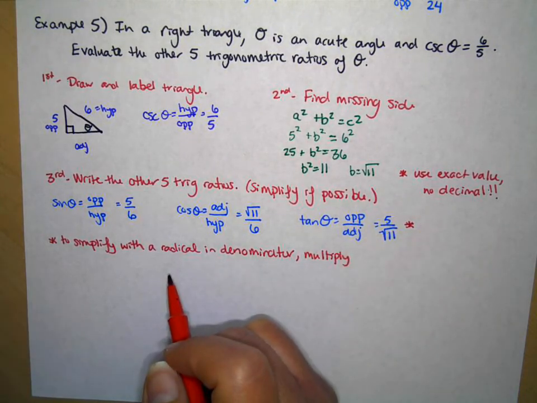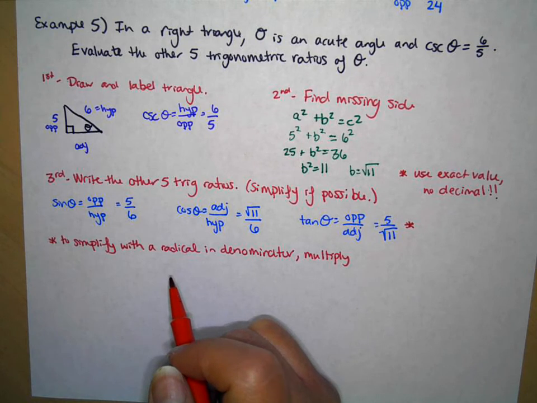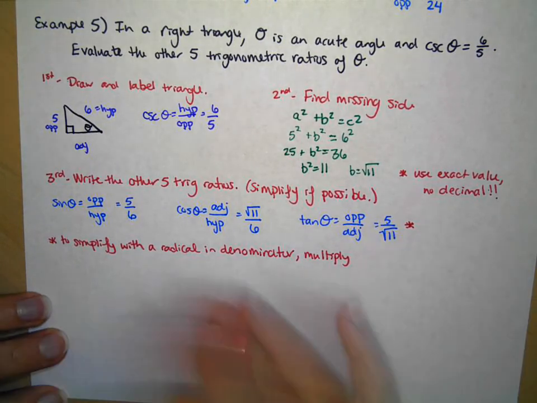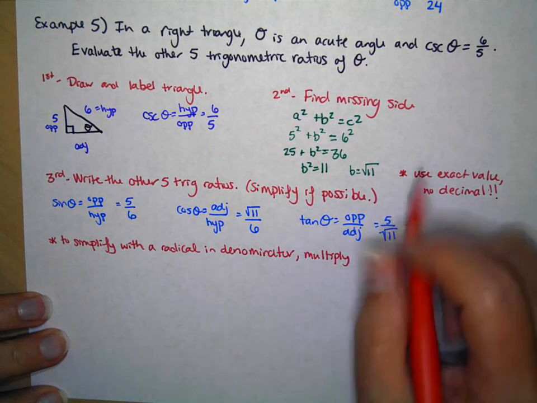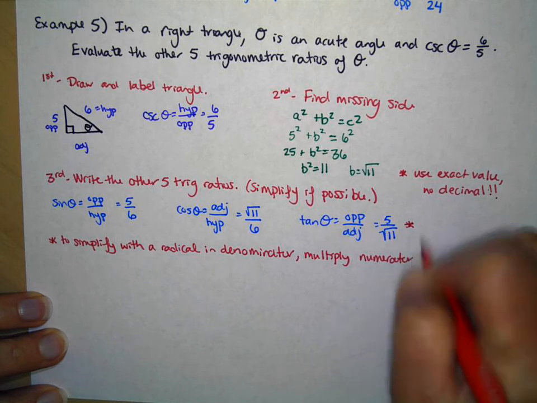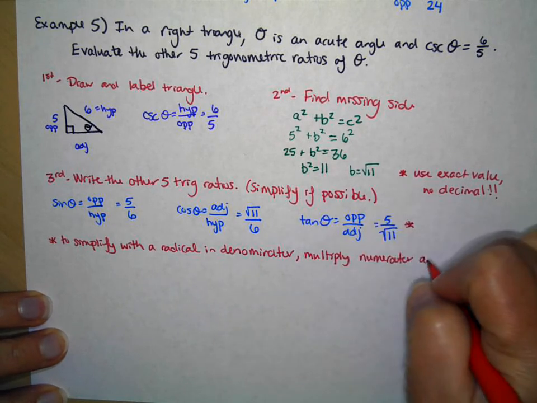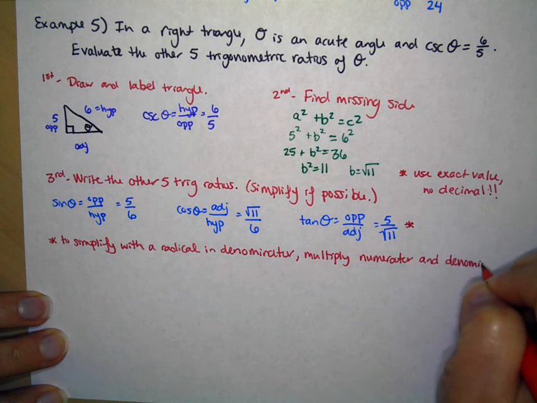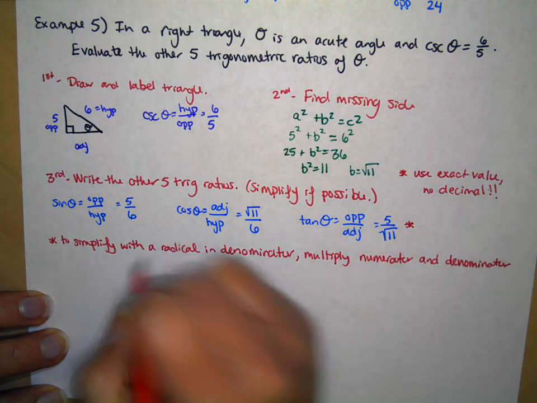This trick is only going to work with a square root. It would be a little bit different if it was like a cube root or a fourth root, okay? So to simplify with a square root in the denominator, we're going to multiply the numerator and denominator of the fraction by that radical.